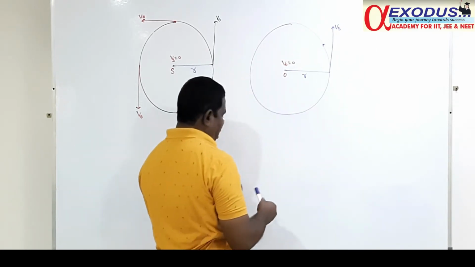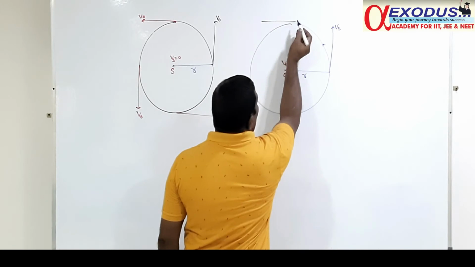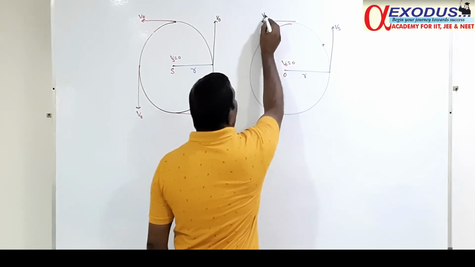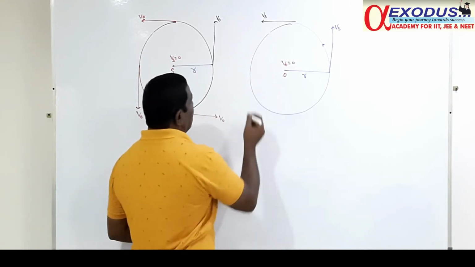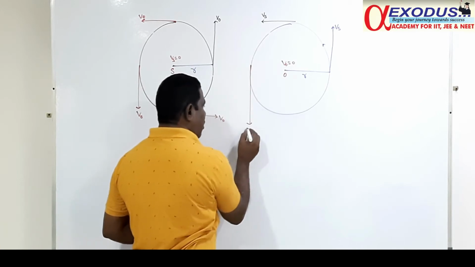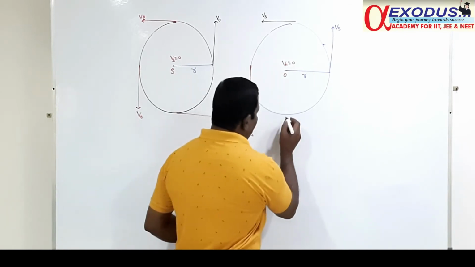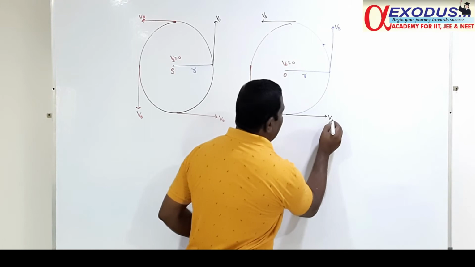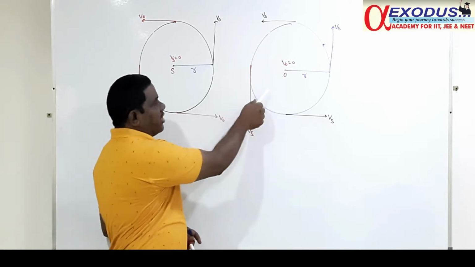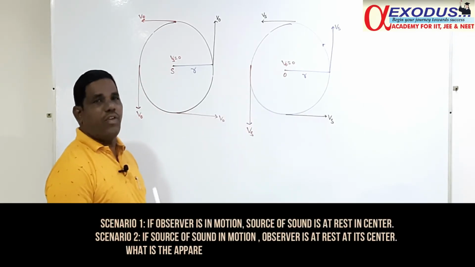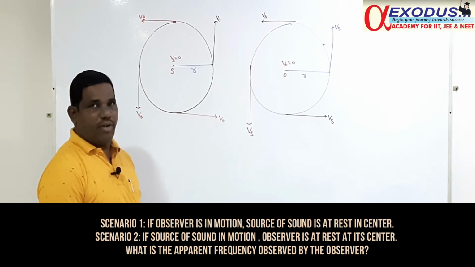And at an extreme point or the highest point, the direction of the velocity is Vs. Then at the next point, it travels with the velocity of Vs. Similarly, we consider another point; here its velocity is Vs. In these two situations, what is the apparent frequency observed by the observer?